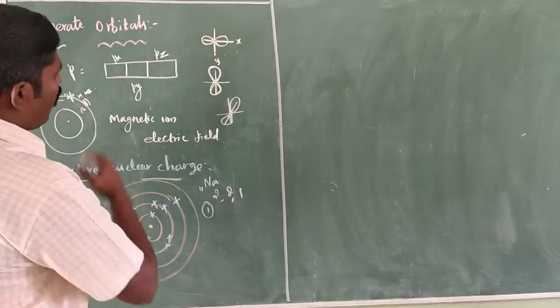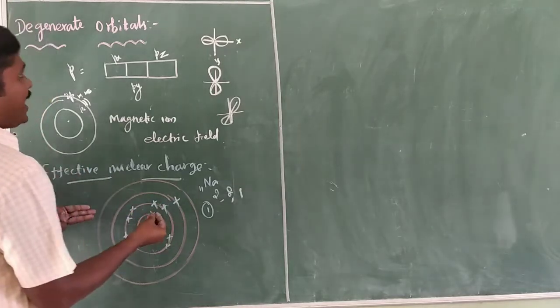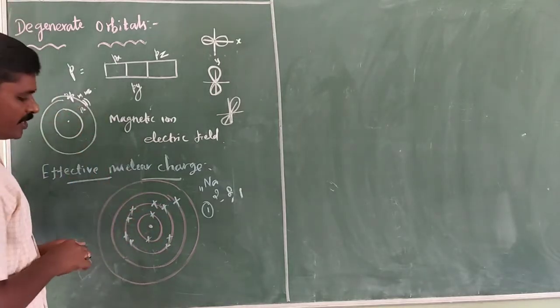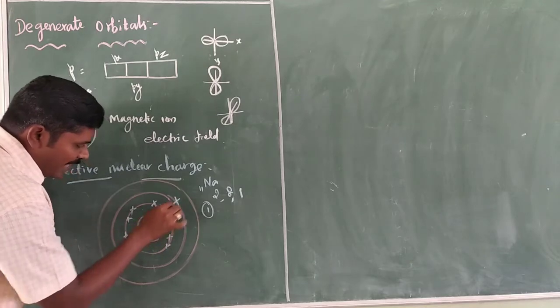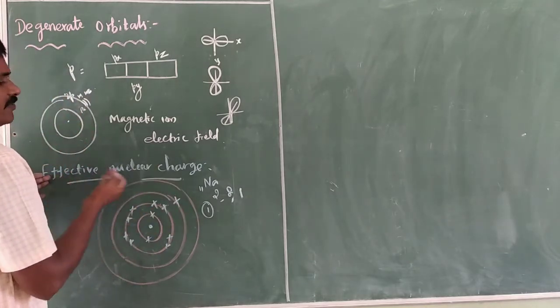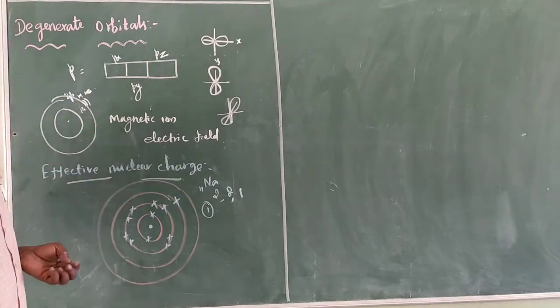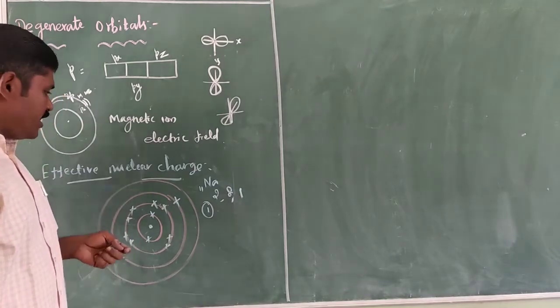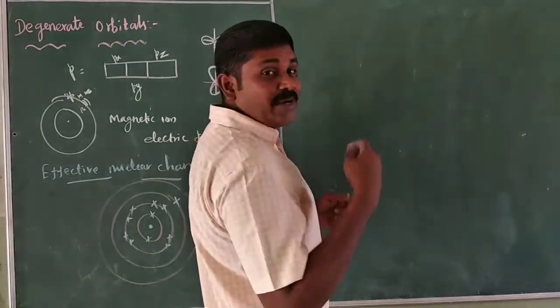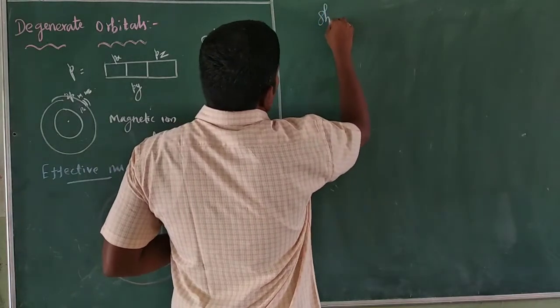The net charge experienced by the electron is called the effective nuclear charge. This effective nuclear charge depends upon the shape of the orbital.